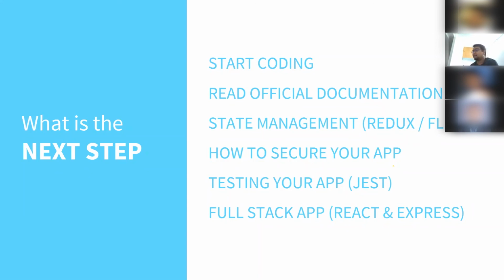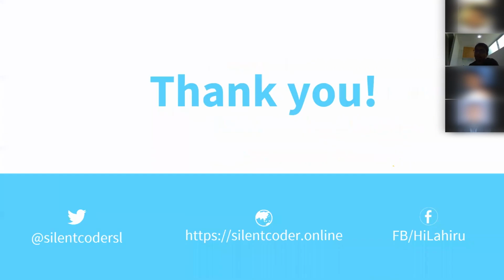Then later you can check how you secure your app, authentication, authorization, those things. And for unit testing, or whatever testing, you can use another library called Jest. That's a framework industry uses. This one I talk more about the front end, but you can use Express.js with React to create full stack development.